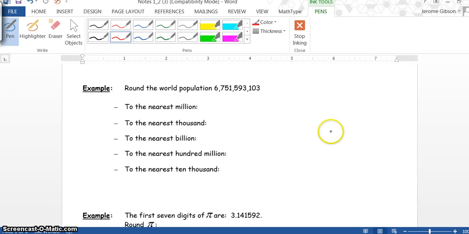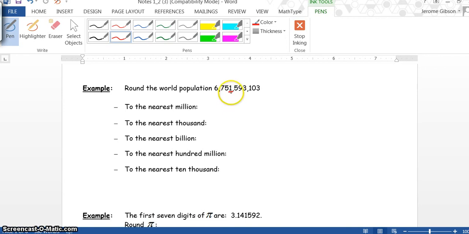Now we come to our first example. It says round the world population. This is 6,751,593,103. Now we want to round this to the millions place. So the first thing we need to do is look at our place value at the millions place. This 1 here is in the millions place.